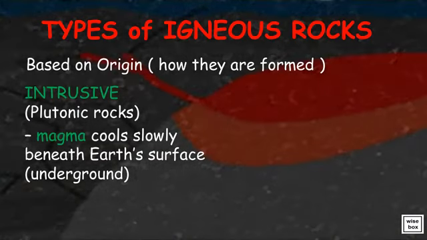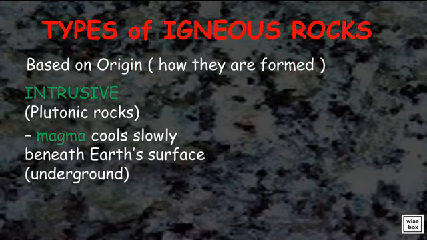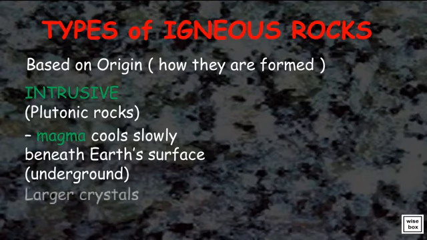When this material cools and crystallizes underground, the rocks formed have large crystals. Since the molten material has cooled slowly, this allows individual seed crystals time and space to grow large crystals. The rocks formed are also coarse-grained.